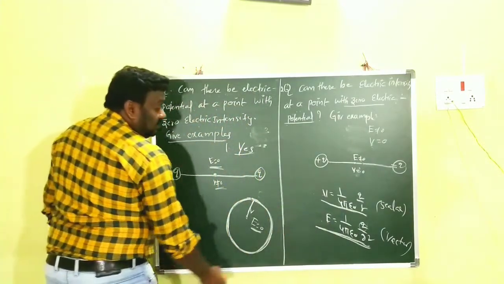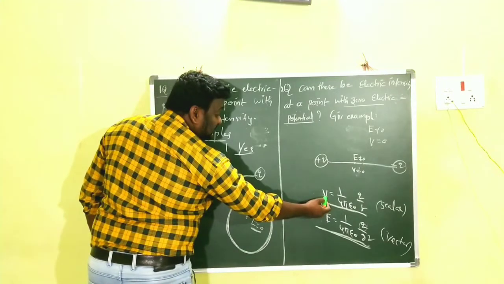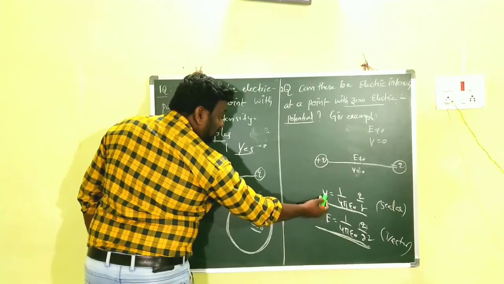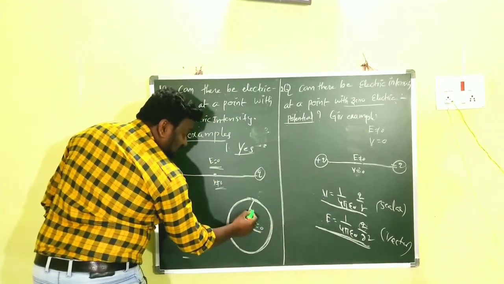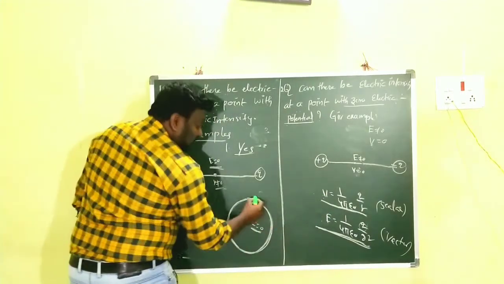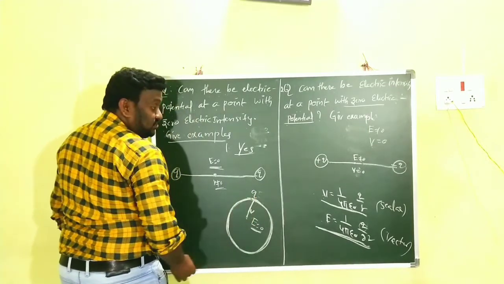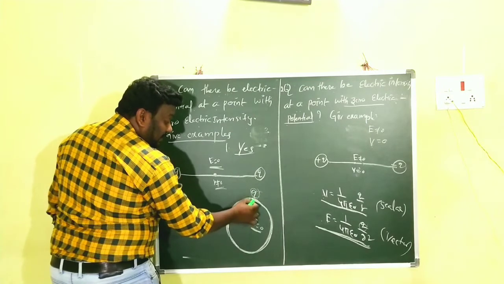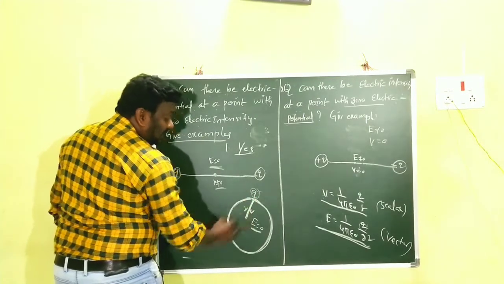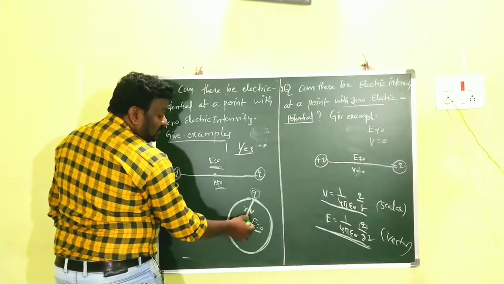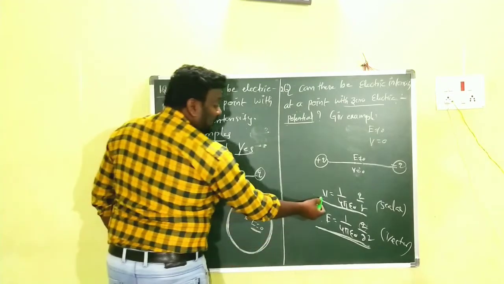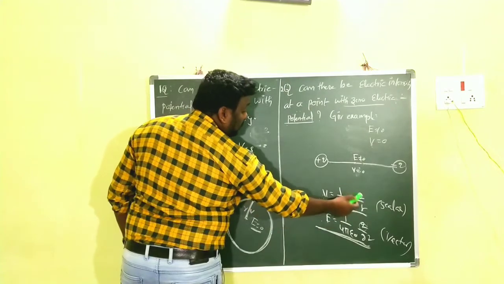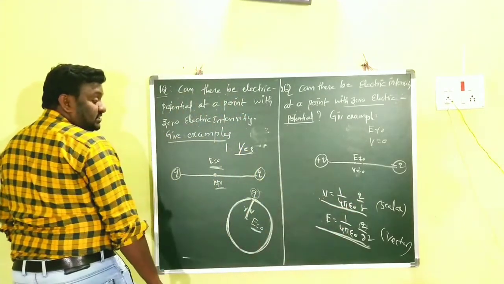But even though electric field intensity is 0, there is some potential here, that is V, because of the charge available here, that is Q. For example, Q is the amount of charge on the sphere, at a particular distance, for example I am taking this distance R. At this point there is some potential, because the potential due to a point charge is V equals 1 by 4 pi epsilon Q by R. Clear, children?